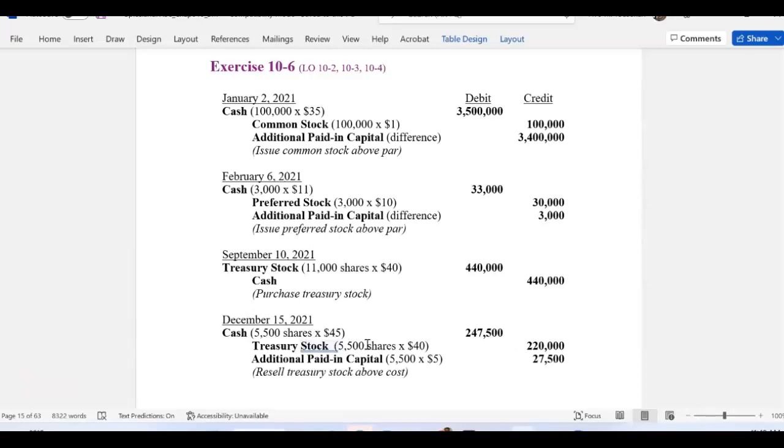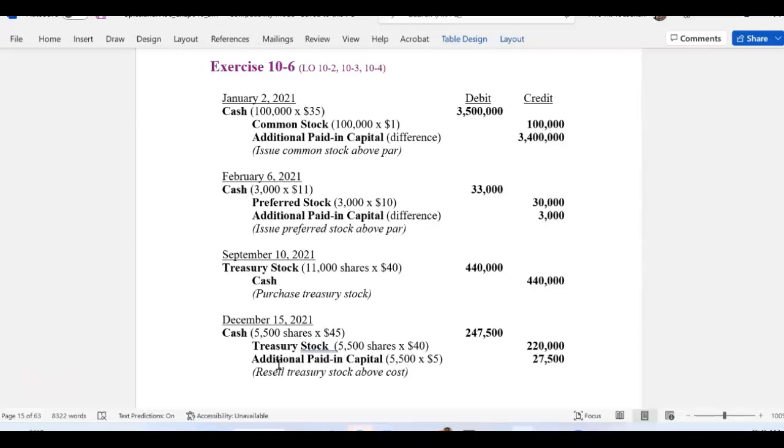And the treasury stock, remember, they bought it for $40. That's all you can reduce from treasury stock. So 5,500 shares times $40, so the treasury stock will be credited by $220,000. The difference, $27,500, will go in additional paid in capital dash treasury stock.